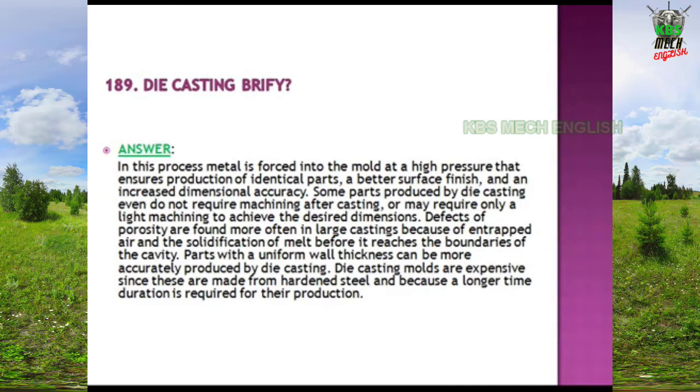Defects of porosity are found more often in a large casting because of entrapped air and the solidification of melt before it reaches the boundaries of the cavity. Parts with a uniform wall thickness can be more accurately produced by die casting. Die casting molds are expensive since these are made from hardened steel and because a longer time duration is required for their production.